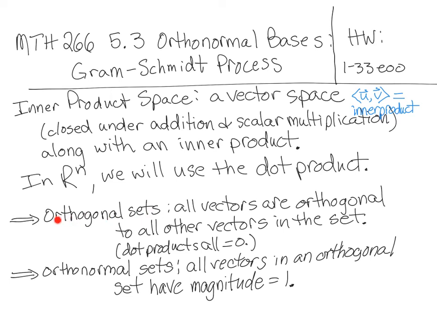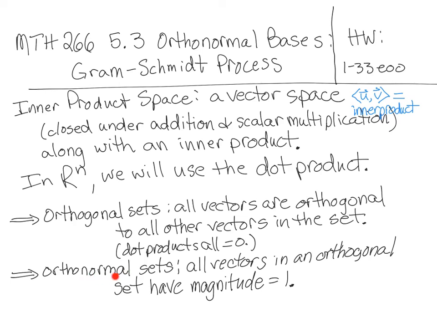Okay, orthogonal sets of vectors. Every vector in an orthogonal set is orthogonal to all the other vectors in the set. Remember, to show that two vectors are orthogonal, it just means that the dot product is 0, because the angle between the vectors is pi over 2, 90 degrees, and the cosine of pi over 2 is 0.